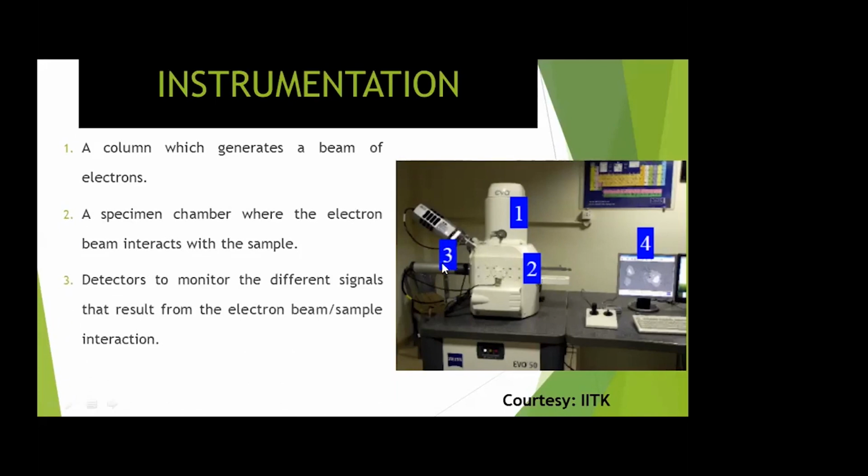Number three are the detectors. It may be secondary electron detectors or other detectors also to monitor the different signals that result from the electron beam and sample interaction. The fourth here is a monitor, or a viewing system that builds an image from the detector signal.